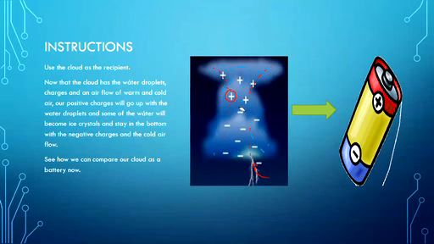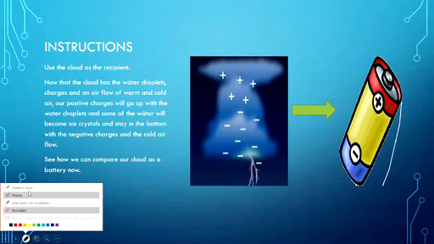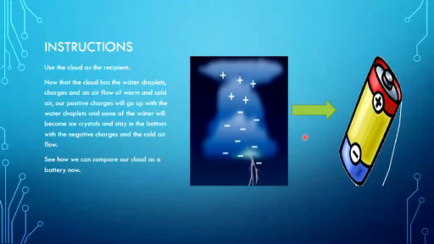Now, as we can see in the image, an example of how we can relate a lightning with electricity is that with this phenomenon of the airflows and charges, we can compare our cloud to a battery or a capacitor also.